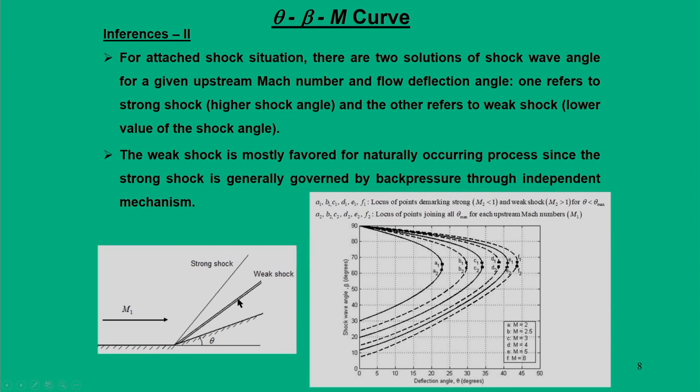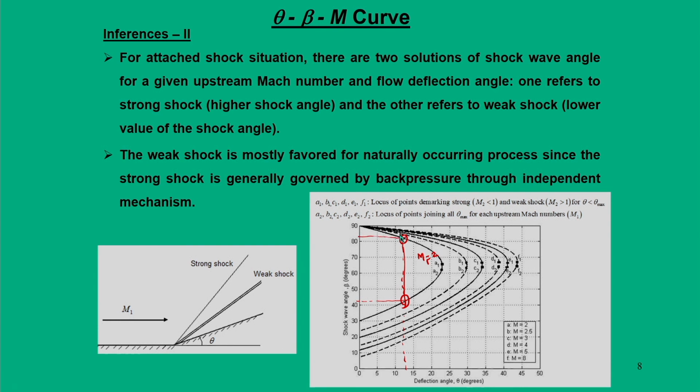Now, how do you find out which one we should take? For an attached shock solution, there are two solutions of shock wave angle for a given upstream Mach number and flow deflection angle. One refers to a strong shock, that is the higher shock wave angle, and the other refers to a weak shock, that is the lower shock wave angle. Let us say we are looking at something about 17 or 18 degrees. This particular line cuts this Mach 2 curve at two locations, and from these we can drop a vertical.